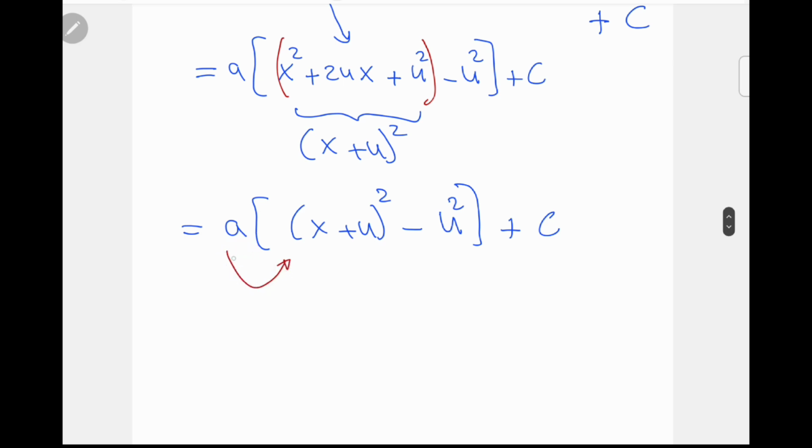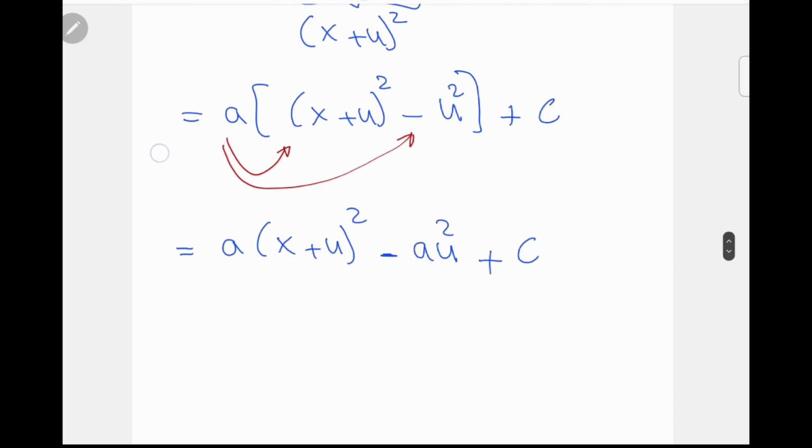Now multiply the a back in, so that will be a times x plus u squared minus a u squared plus c, and that's it.